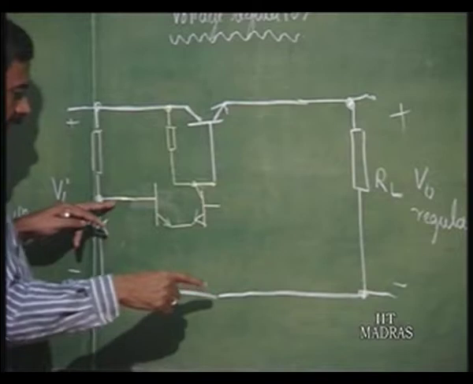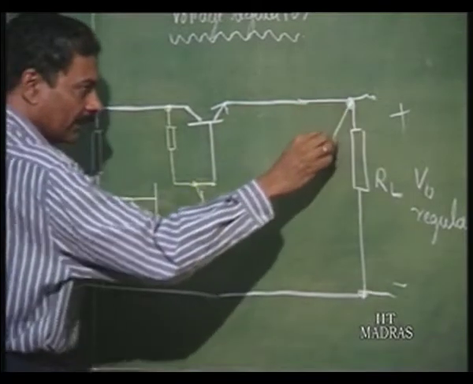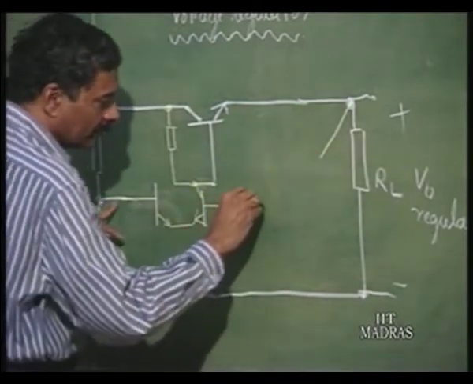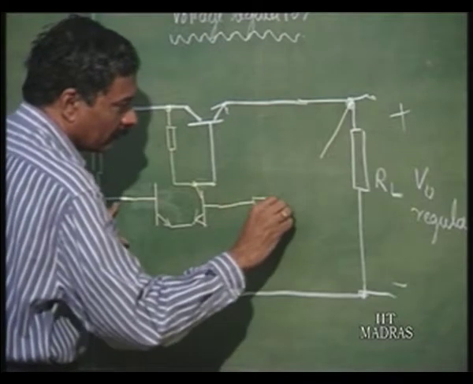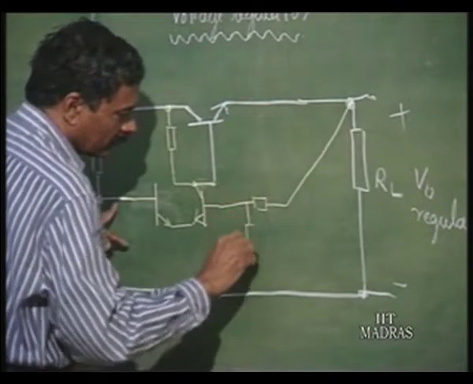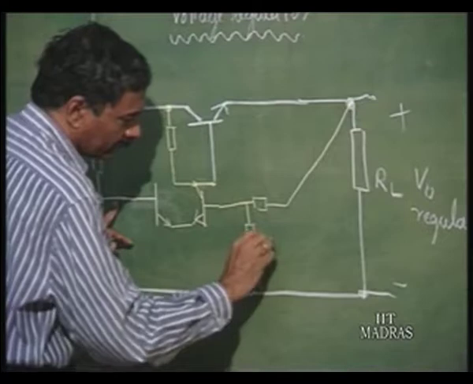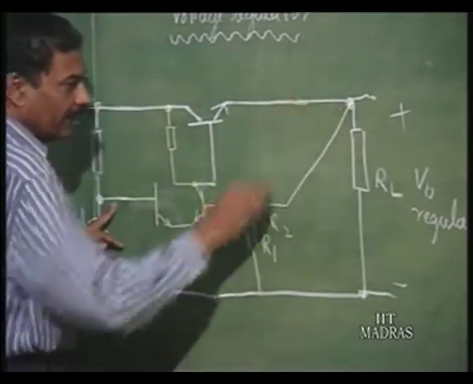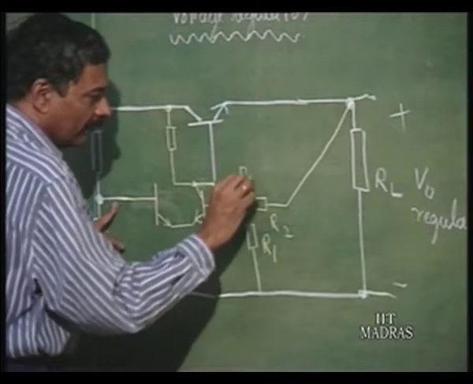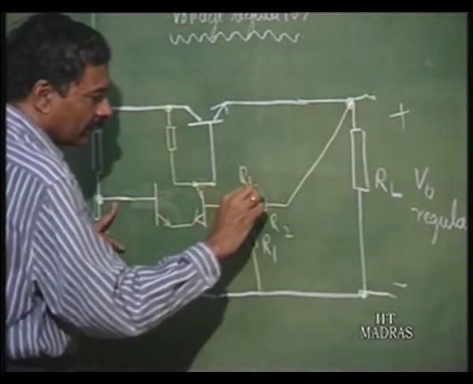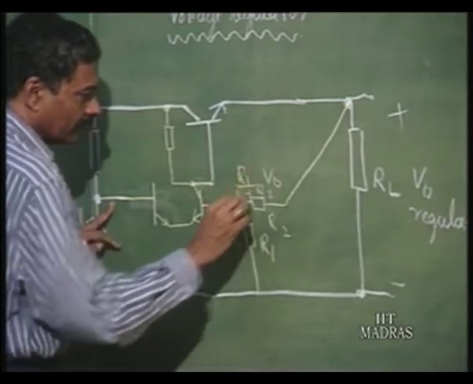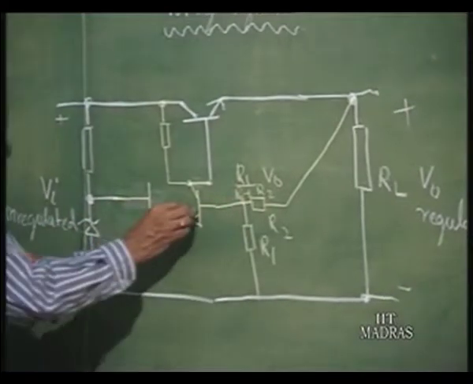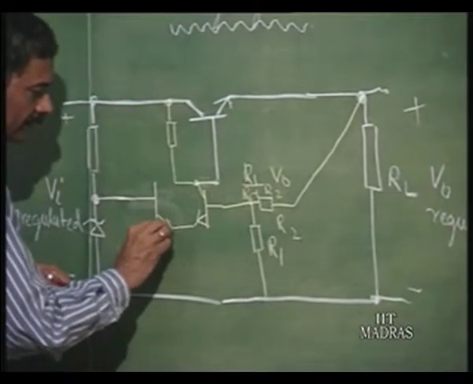Now, this and a portion of this, that is, this is being compared with, let us say, R 1 by R 1 plus R 2 times V naught, a portion of the V naught output voltage.